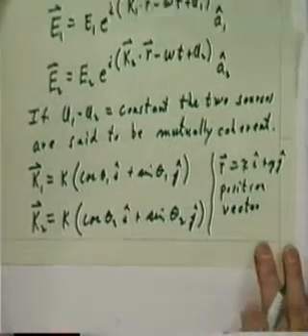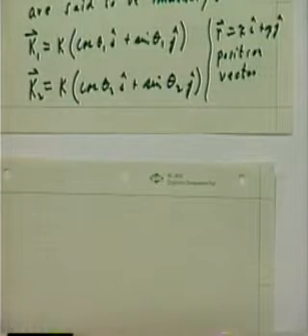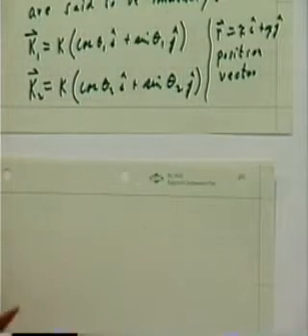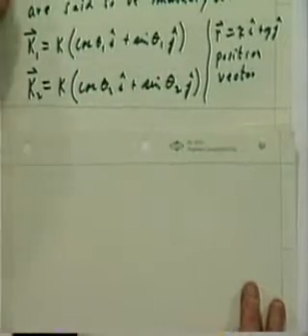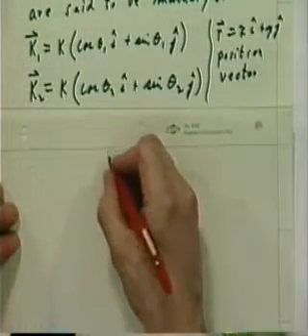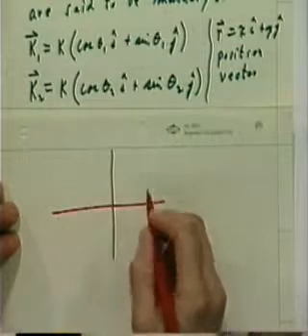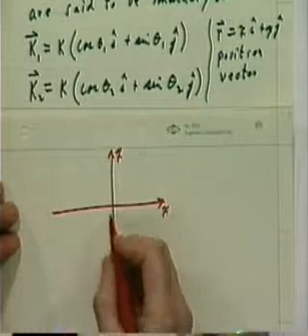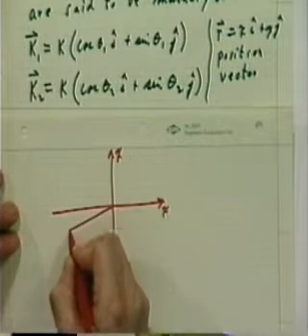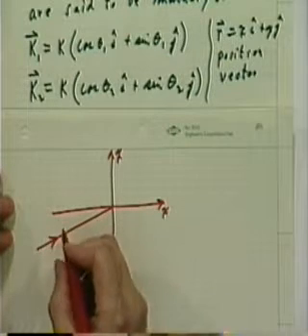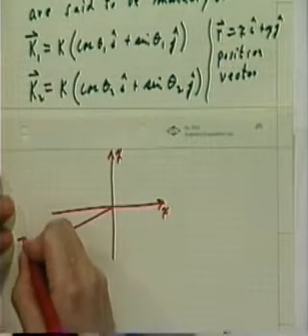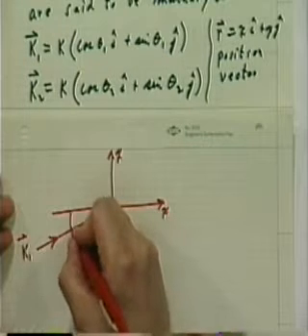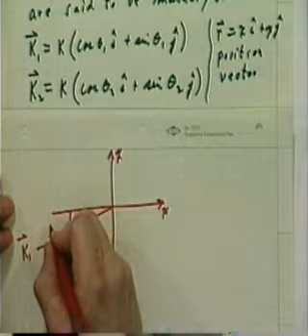So let's sketch these k's, and sketch them in red. x and y. One of these k's is like so, and let's say that's k1. This angle here, measured in this direction, would be theta 1.